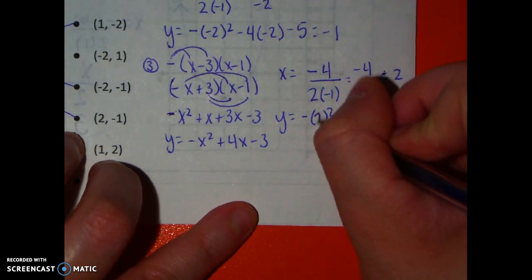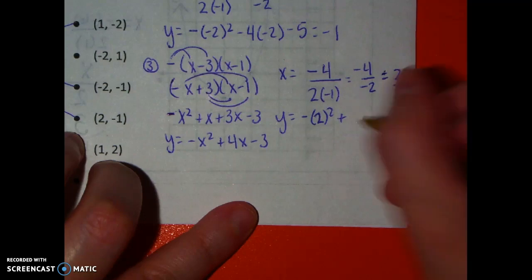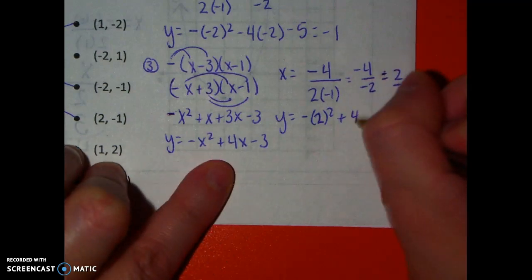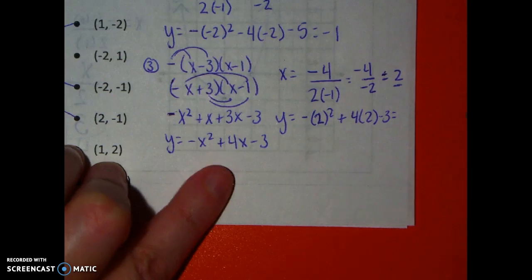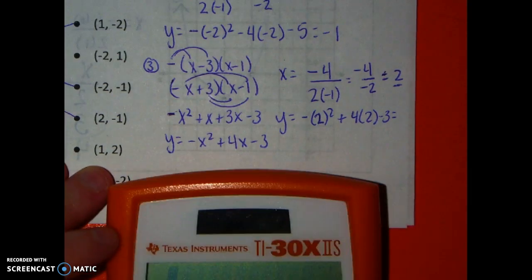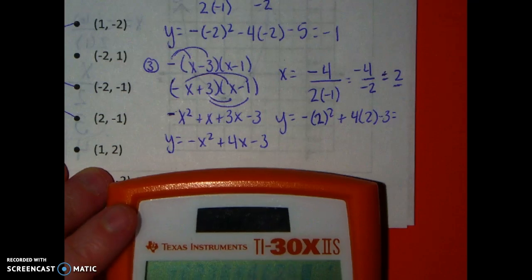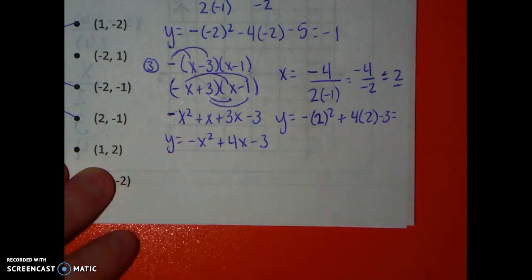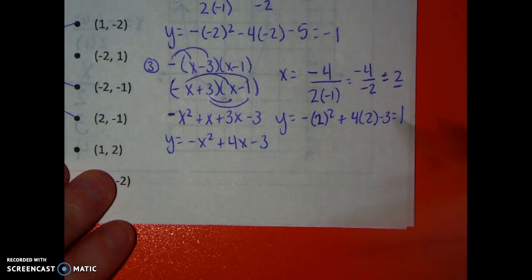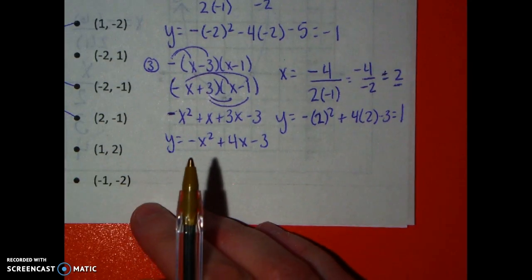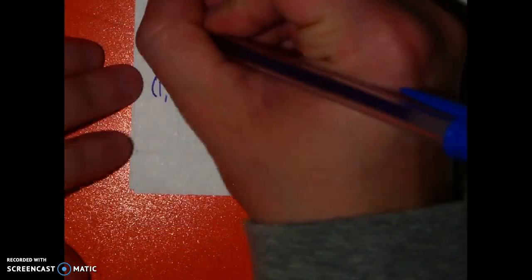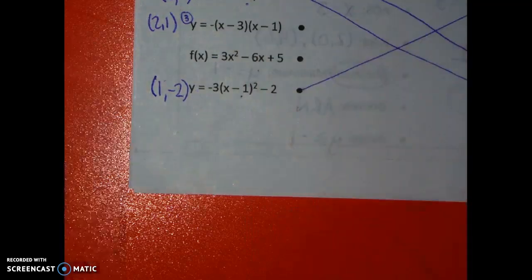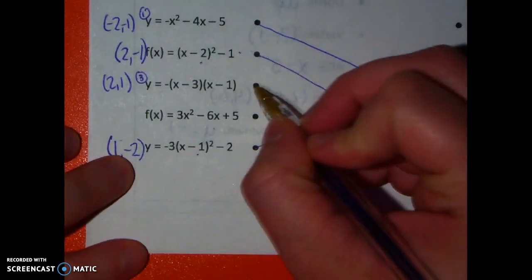That should be a 2, because I'm using this number right here. And that is 1. Okay, so vertex for number 3 is 2, 1. And that is at the top here.